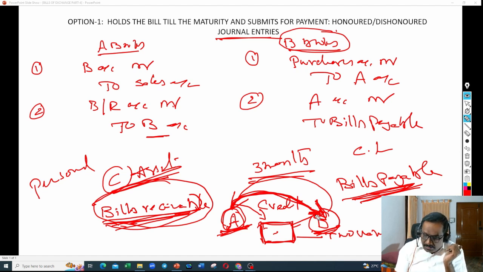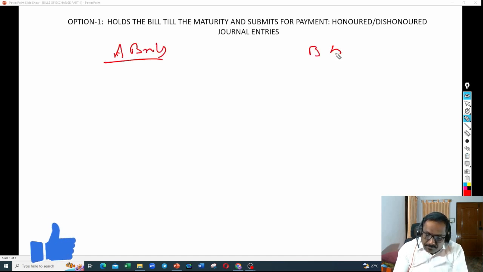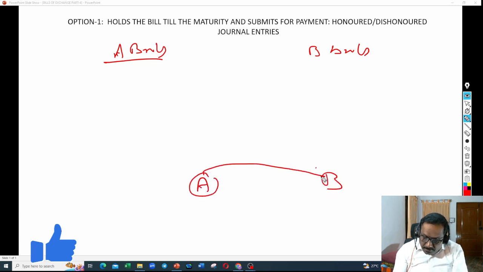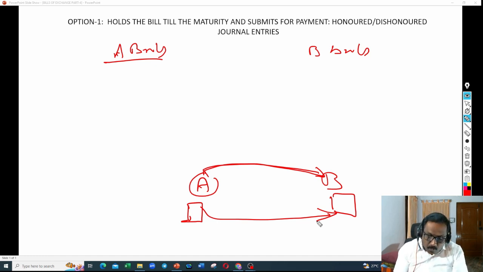Then what entry do we write? Let me clarify that: A's books and B's books. So what did A do? A went to B and requested the payment. The bill was with him, right? He gave this bill to B and requested the payment. Then B paid that amount. When B paid the amount, what comes in? Cash or bank.